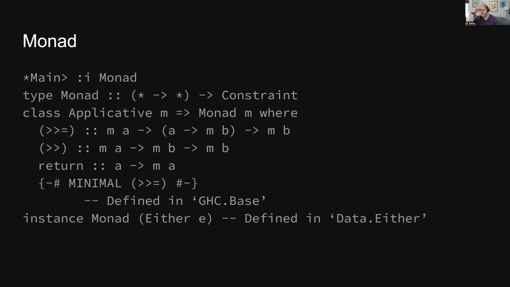Maybe we can cover it a little bit next week, about what applicative means and how you would put the constraint for something that's monadic and something that's applicative. Something that's monadic has to be applicative, right? It's not like the dot operator.